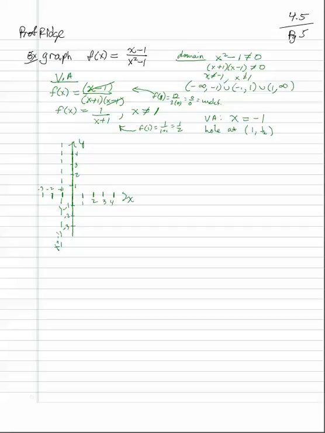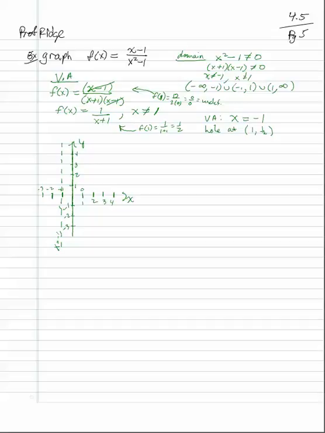And then we're going to have a hole at (1, 1/2). We'll put an open circle there. Now step 2, we're going to look at the reduced form and graph the reduced form, and we made the notation of the hole at (1, 1/2). So that's the only difference between the two graphs.